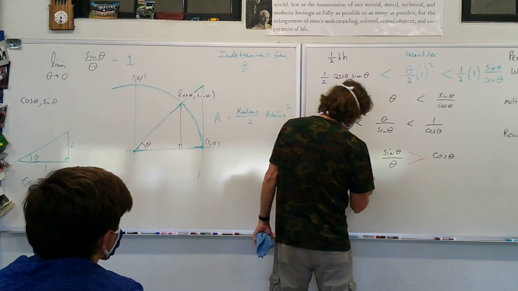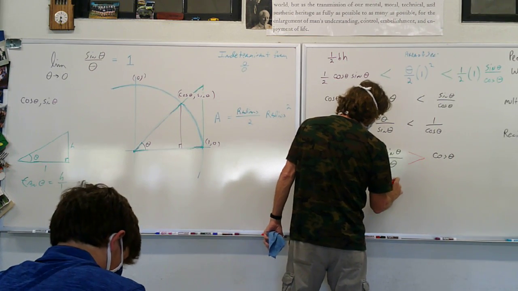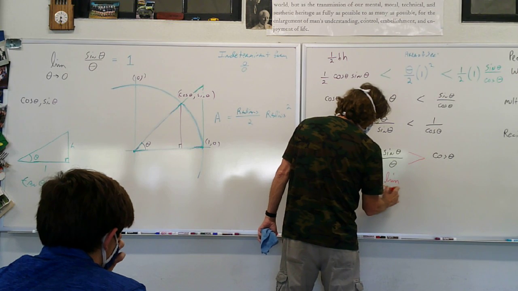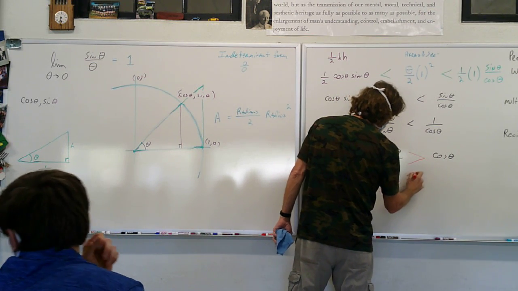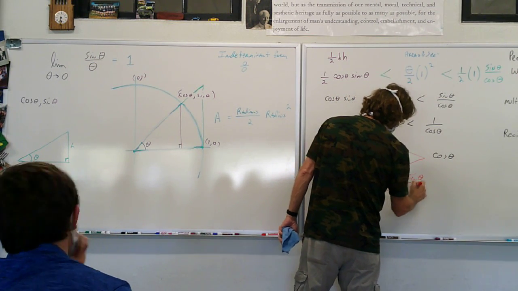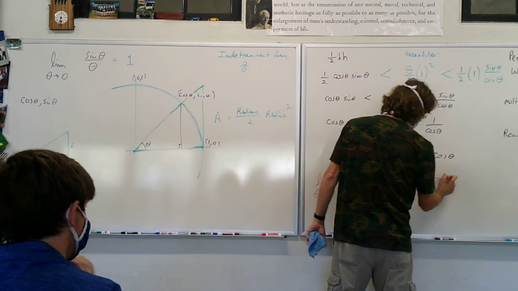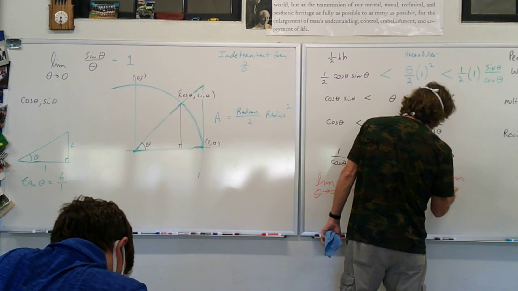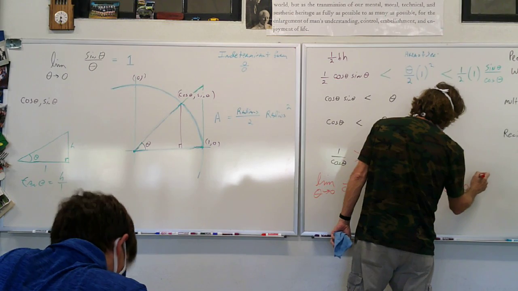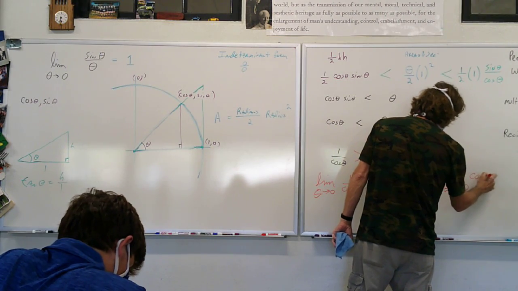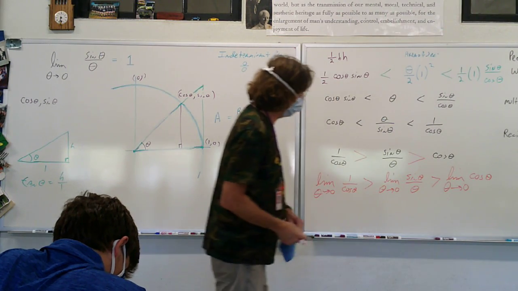I'm going to take the limit of this one as theta approaches 0. And I'm going to take the limit of this one as theta approaches 0. Now, the one on the right is pretty easy.